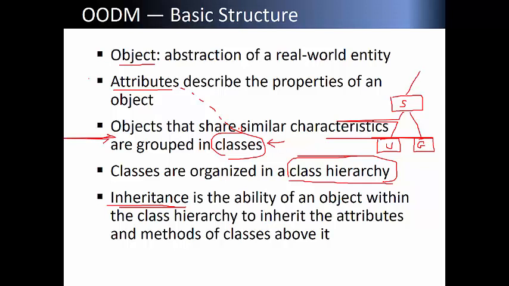Student is again a subclass of, in general, people. There will be another subclass, not necessarily student, but maybe faculty. So we have hierarchies. At the top, we have person. A subclass of person is student.